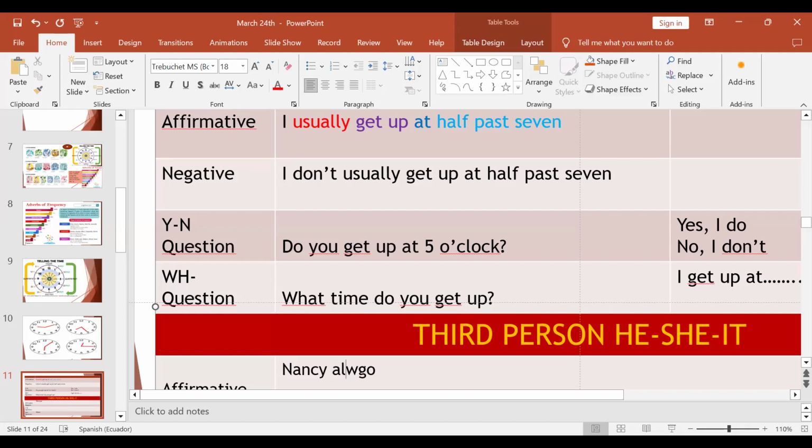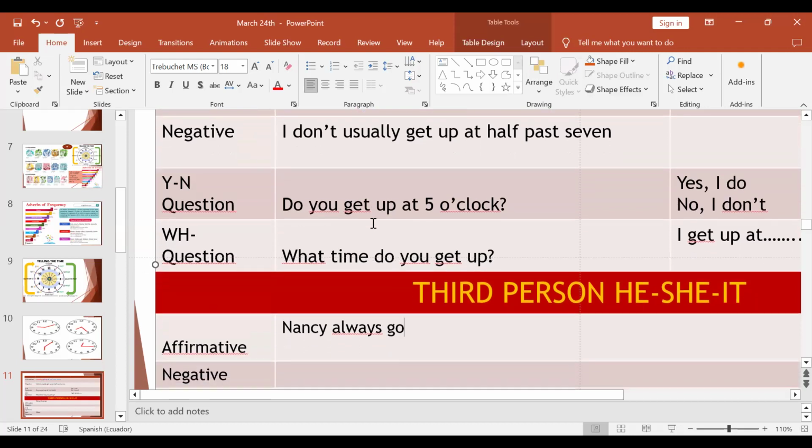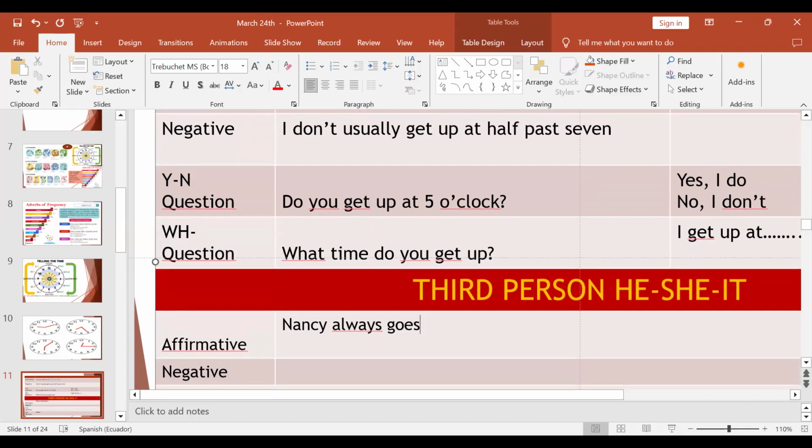Ok, ya, es su oración, la vamos a respetar. Nancy always goes to work. Goes, porque estamos hablando de Nancy, tercera persona. Ya. ¿Qué más? La expresión, pues, goes to work.